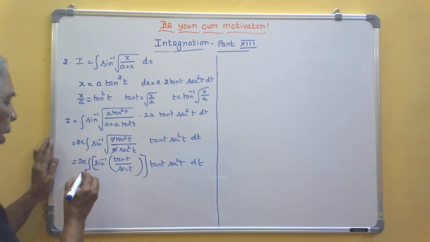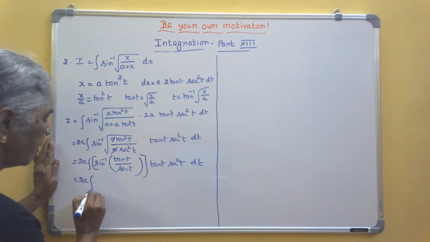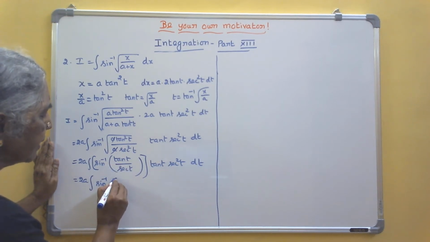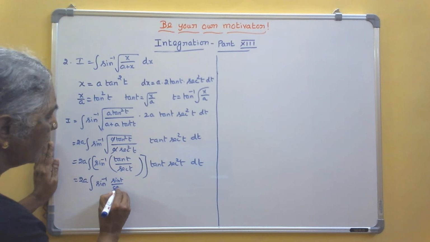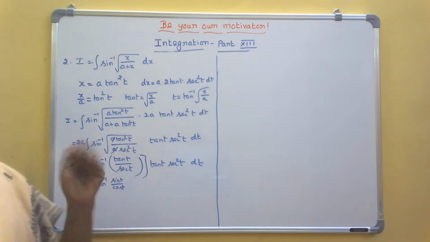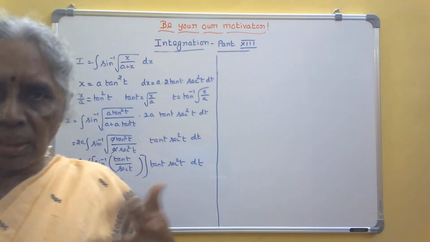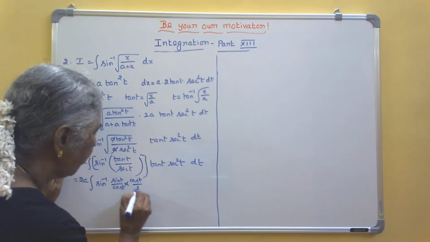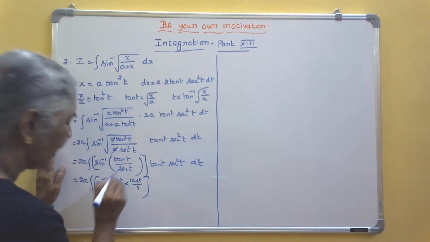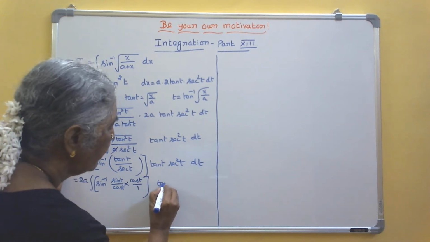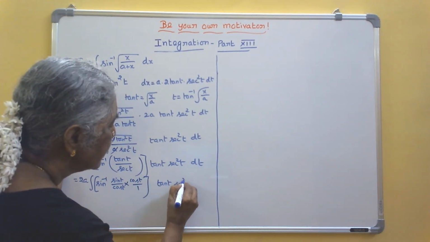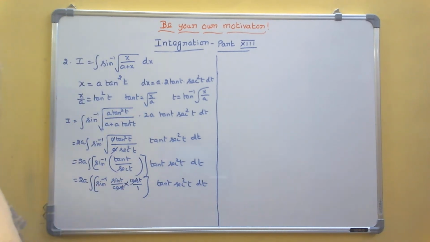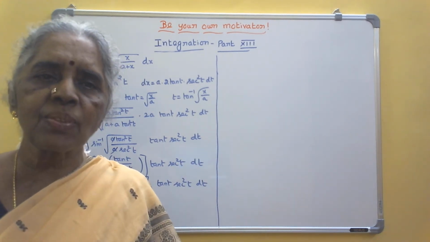So, now let us write 2a integral sine inverse tan t is sin t by cos t. Secant t is 1 by cos t. Reciprocate it, you will be getting cos t by 1. So, this will be that bracket part. Then write this tan t secant squared t dt. Cos t goes. What is now sin inverse of sin t?